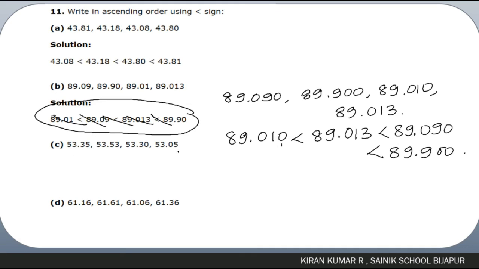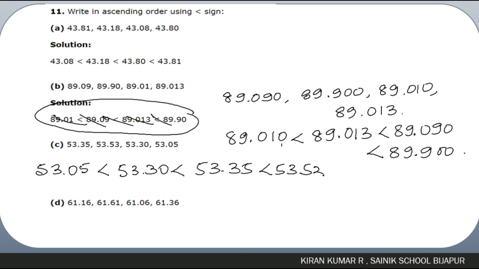Here there is no problem, they are having the same number of decimal places, so they are like decimals, so it's easy to identify. The smallest is 53.05, it is smaller than 53.30, this is smaller than 53.35, less than 53.53. Now the last one, identify.